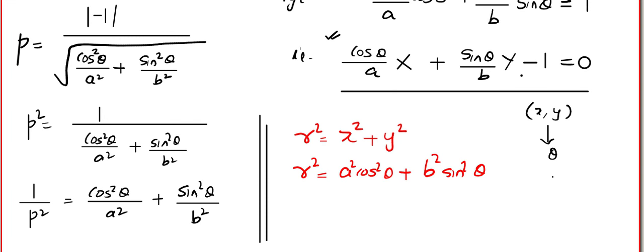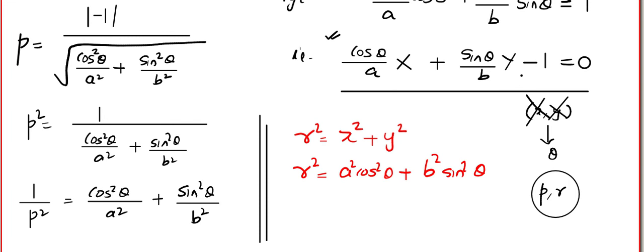Now, remember, when we convert an equation into pedal equation, we need the answer in terms of p and r. What do we need? We need the answer in terms of p and r. When we applied method 1, we had a really hard time because we had to eliminate both x and y.